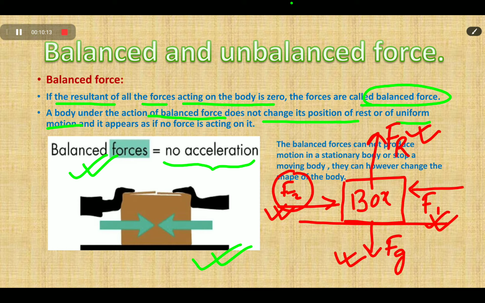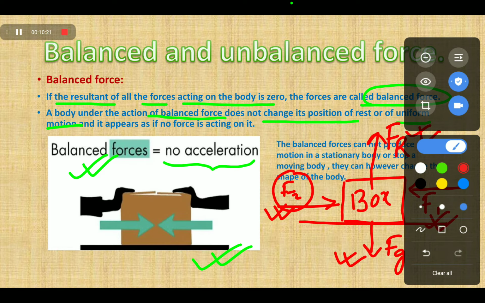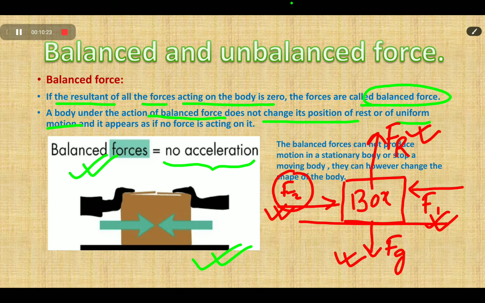Here, the important point is that the balanced force cannot produce motion in a stationary body, but it can change the shape of the body.